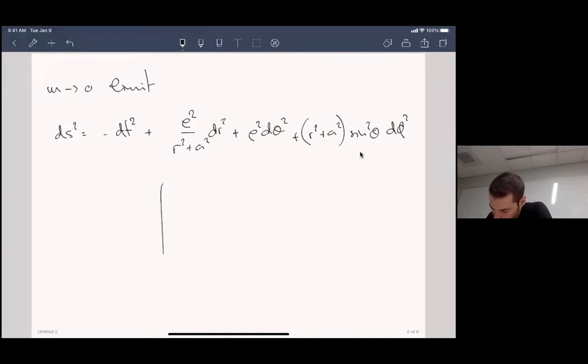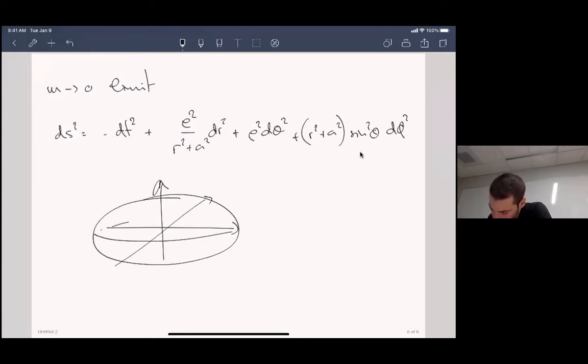So if we're taking R3, say, then what these coordinates do is, rather than a constant r being a sphere, here a constant r will look more like an ellipse. So let me try and draw an ellipse. The point is that even though this metric is representing flat space, these coordinates are geared to some kind of axial symmetry.